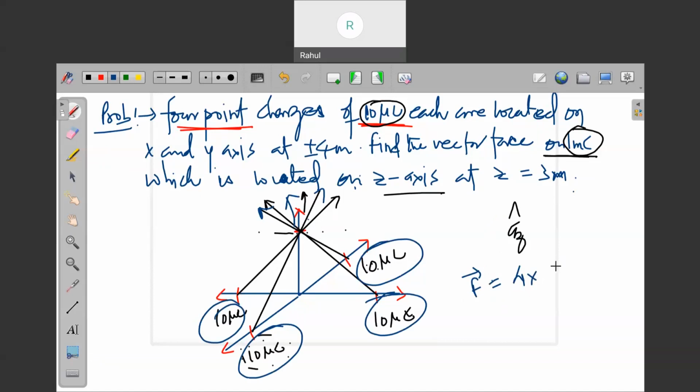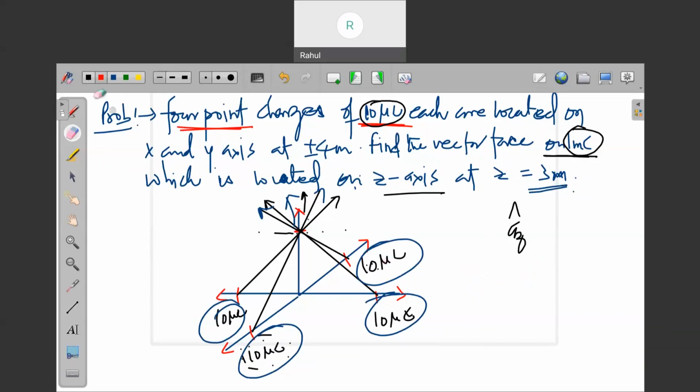So 4 times 1 millicoulomb into 10 microcoulomb. Let me erase this first. Let me calculate the force because of one charge only.